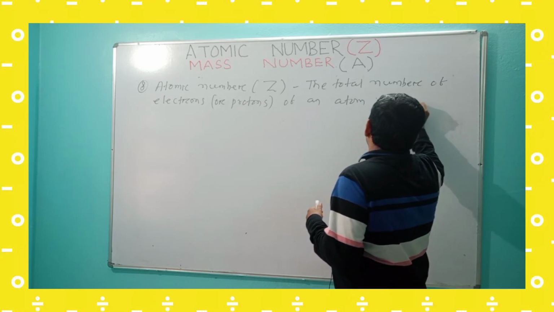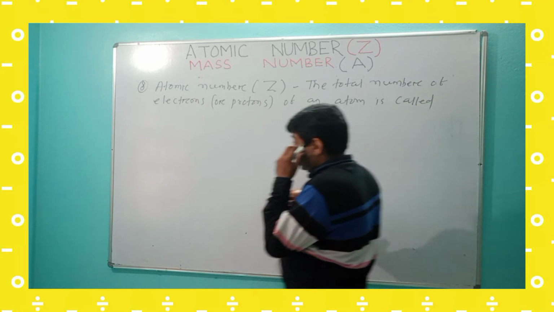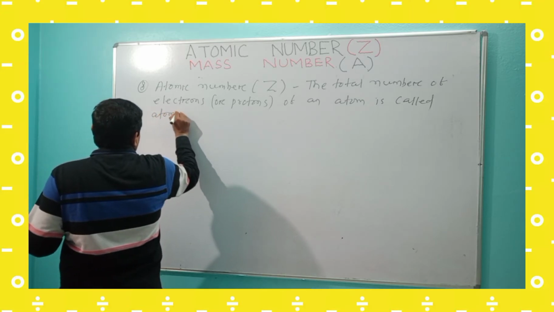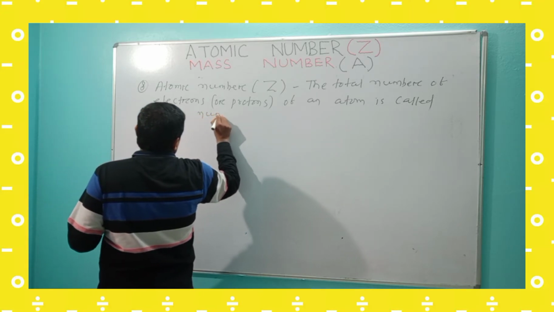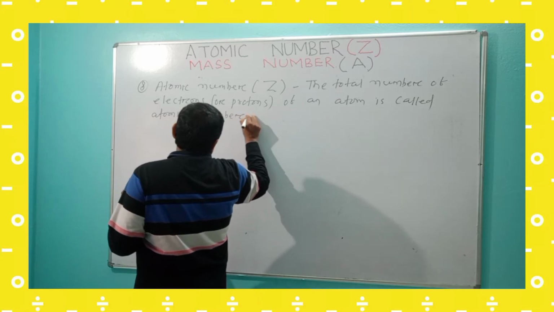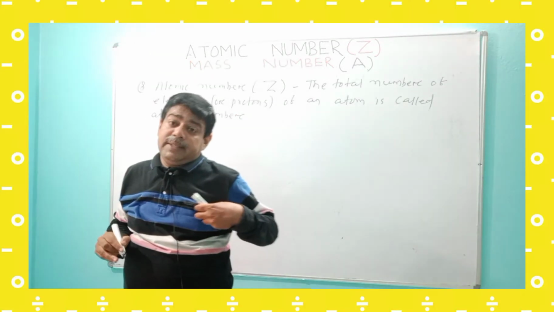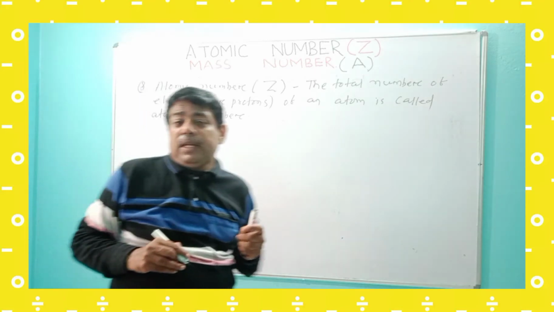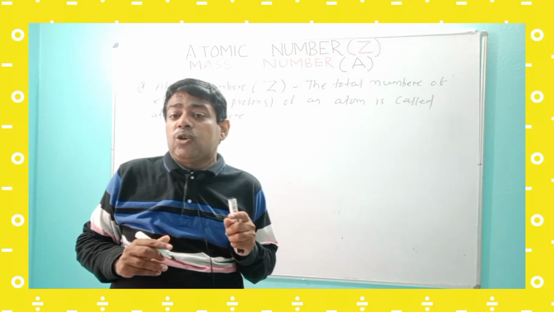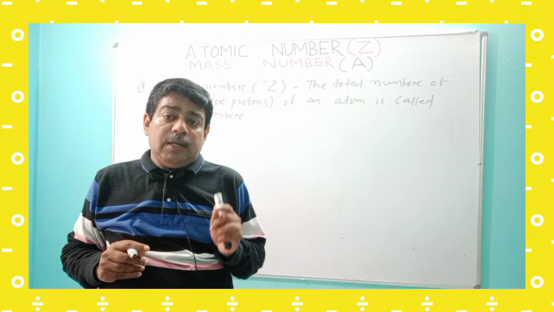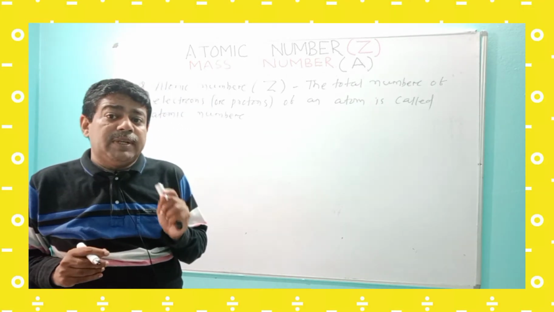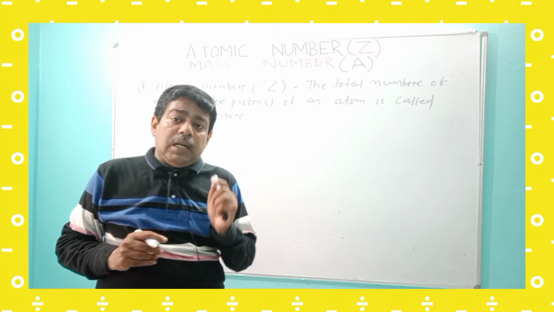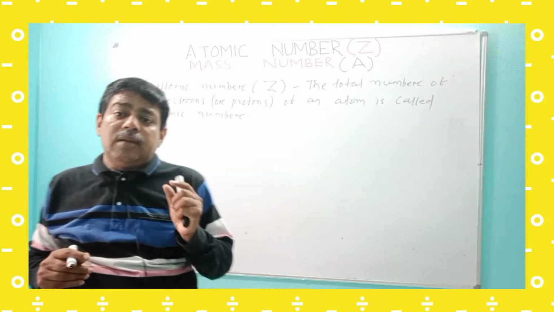It is called atomic number, and the atomic number is denoted by capital letter Z. It is an important concept: the atomic number of an element is a constant value. Every atom has a definite atomic number, which is constant. Understand?